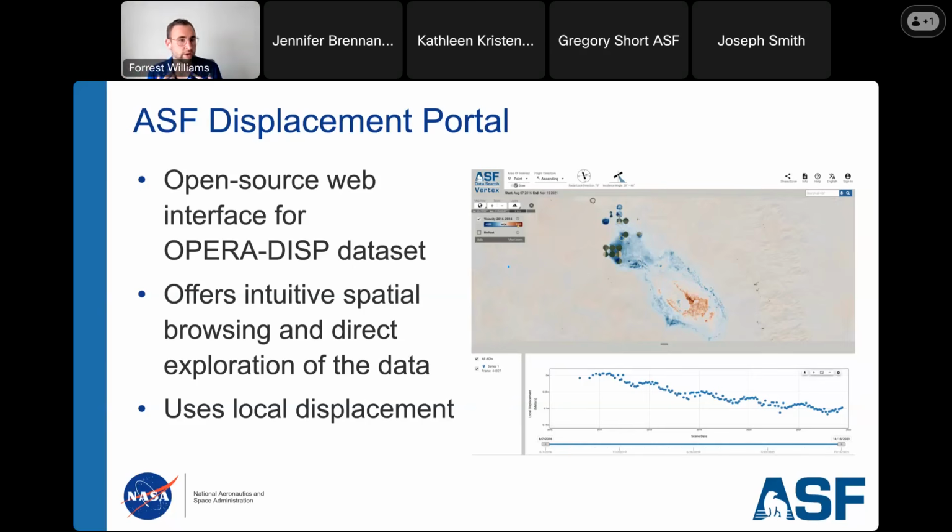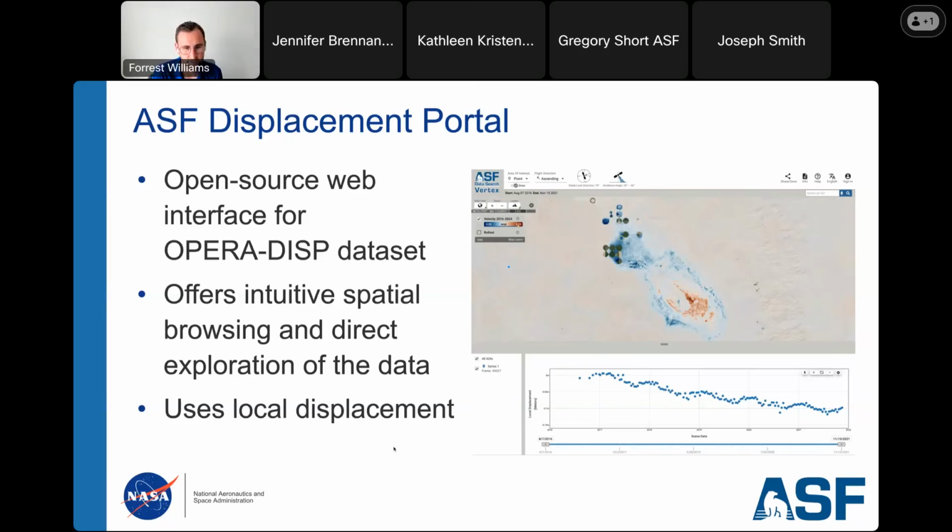And so to help with this, we've created a new portal built on the back of Vertex called the ASF Displacement Portal, which is an open source web interface for working with the OPERA-DISP dataset. It both offers a very large overview of how displacement is occurring across the entire dataset, and then it also gives you the capability to interactively query the dataset so that you can look at the time series in particular places with great detail.